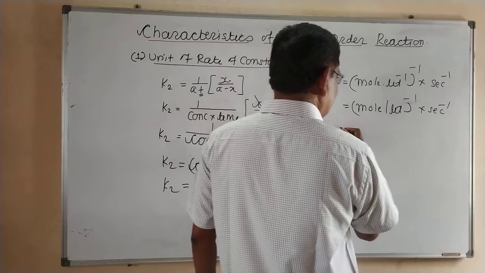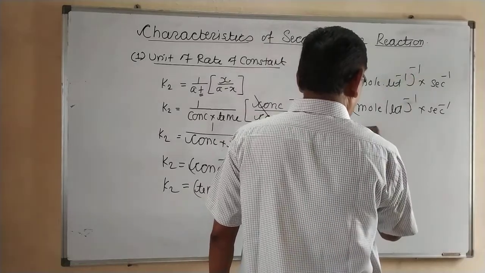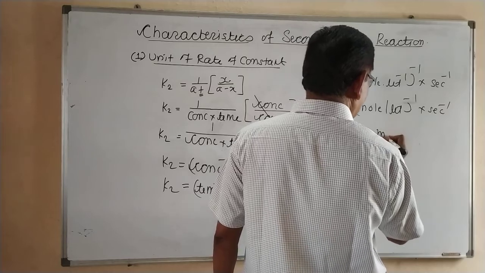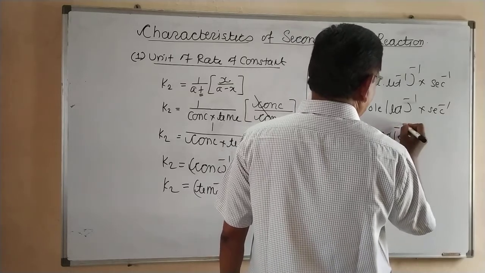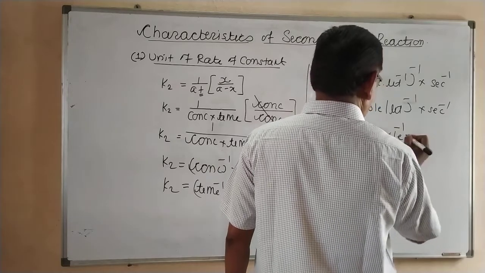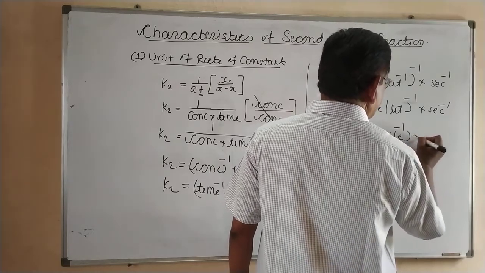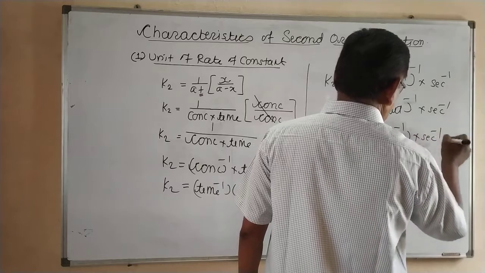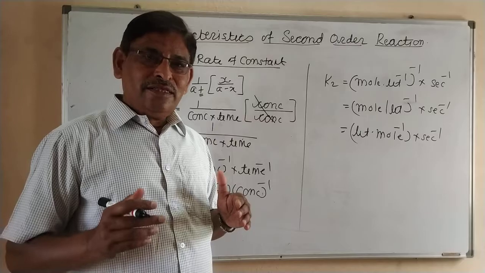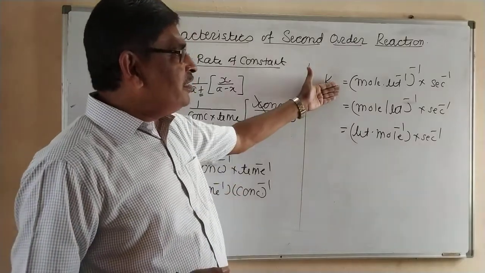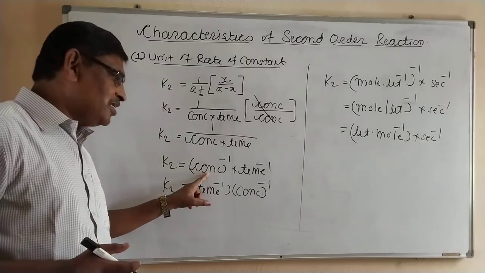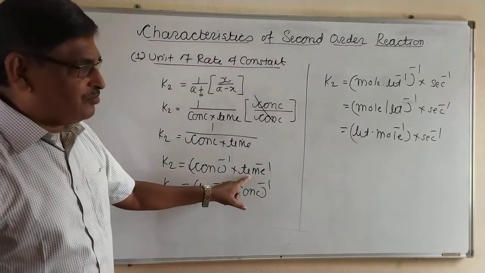Again, it can be written as liter raised to plus 1 into mole raised to minus 1 into second units. That means we can write the unit of rate constant in various manners, but generally it is concentration raised to minus 1 into time raised to minus 1.